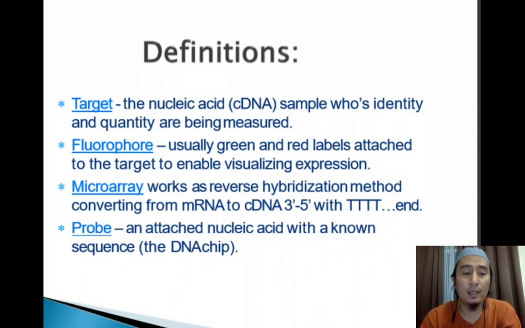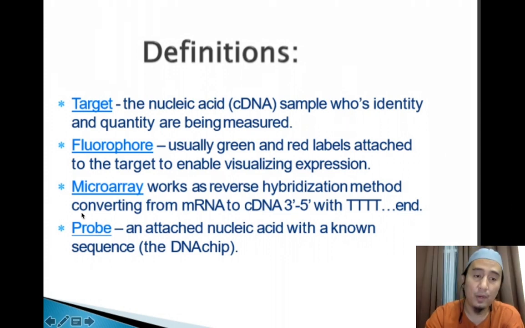And the last one, the same as what we use in Southern blot, which is probe. So probe is an attached nucleic acid with a known sequence, or we call it DNA chips. Probe basically is like an oligonucleotide. In the Southern blot case, we labeled the probe with 32P phosphate, the radioactive element. But in the DNA microarray, we use fluorophore that binds to the target.